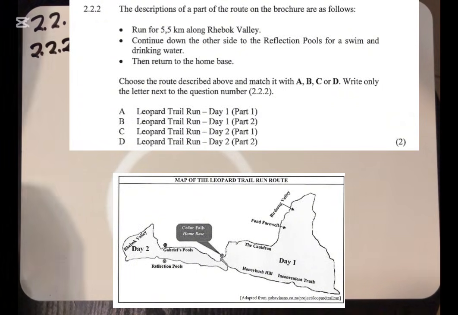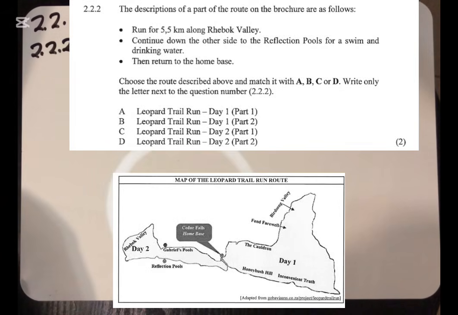2.2.2, it says that the descriptions of a part of the route on the branch are as follows. Run 5.5 kilometers along the Rubok Valley. Continue down the other side of the Reflection Pool for a swim and drinking water.